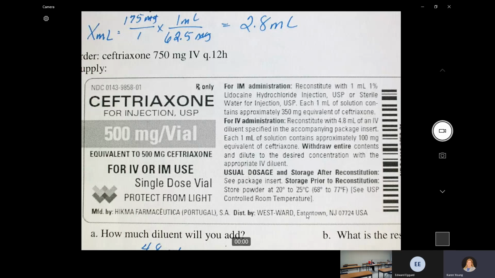You've got to look at your doctor's orders to see what you're giving to determine how much diluent and what your supply dosage is. So if you did the IM and then were given an IV, you're not in the boat alone. You aren't the only one to do it.